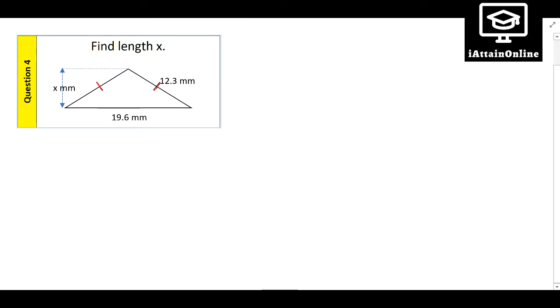Because it is an isosceles triangle, if I were to put a line straight down the middle, that actually cuts this triangle exactly in half.